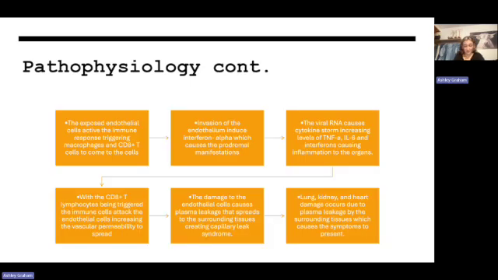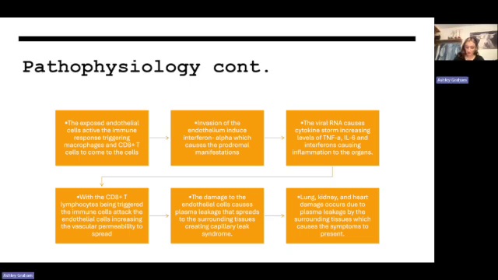So once it hits that T cell response, the exposed endothelial cells activate an immune response, triggering macrophages and CD8 T cells to come to those infected endothelial cells. The invasion of the endothelium induces interferon alpha, which causes the prodromal manifestation of the disease.